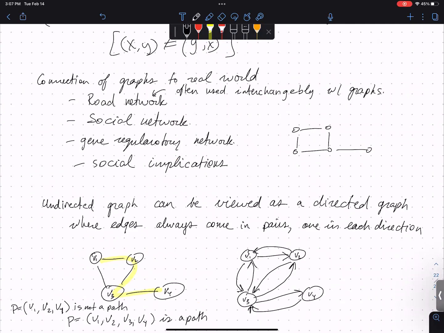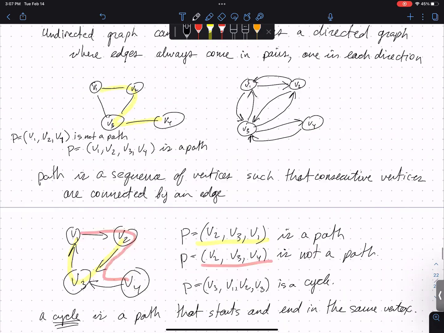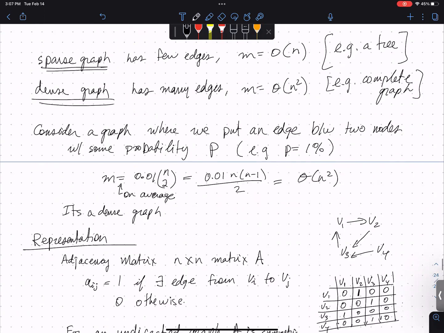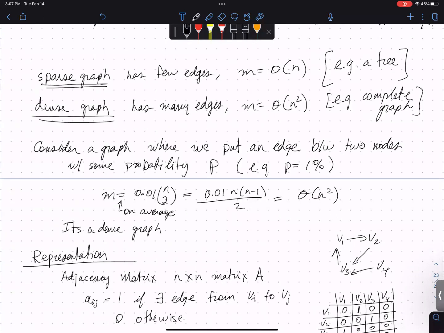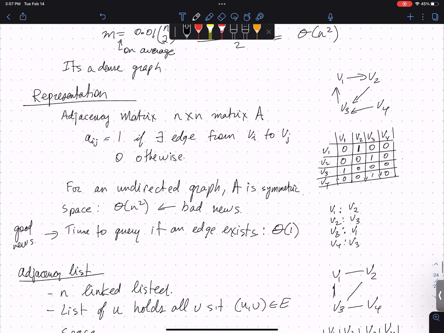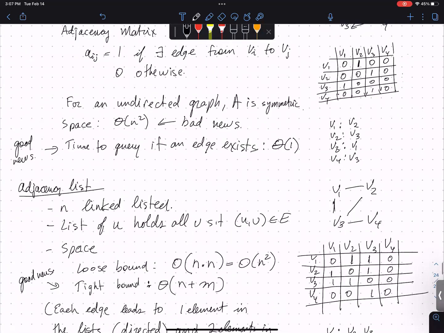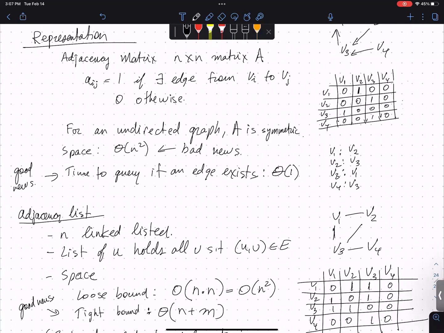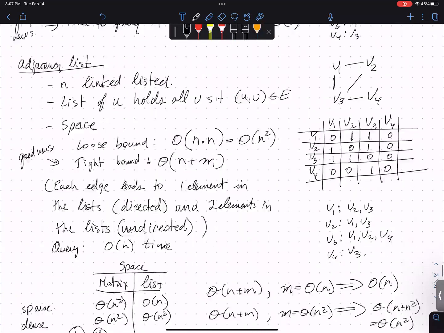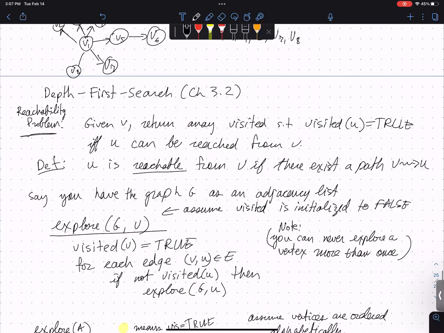What we've been doing is looking at common algorithms on graphs. We talked about different types of graphs, sparse versus dense. That's going to come up on the current homework. It's not explicitly stated, but there's a question related to sparse and dense graphs. We also talked about different representations: adjacency matrix and adjacency list were two ways to represent graphs.